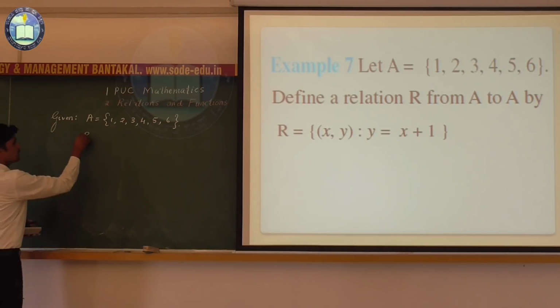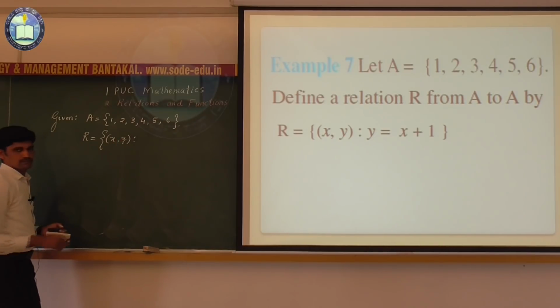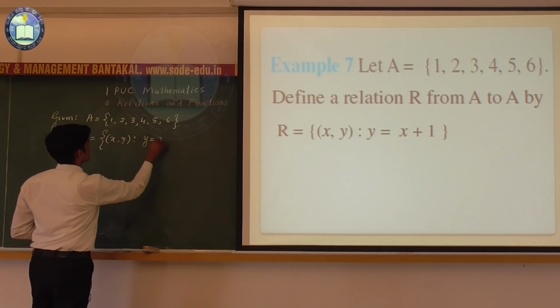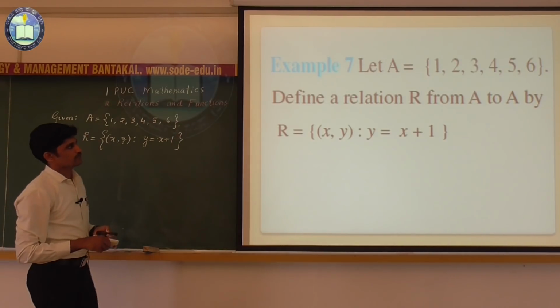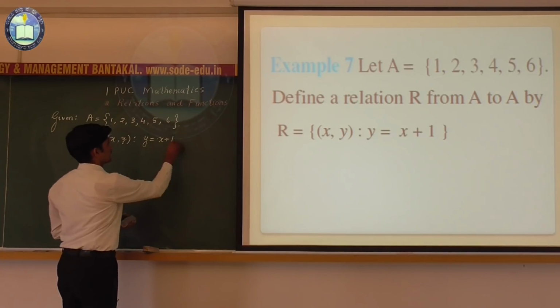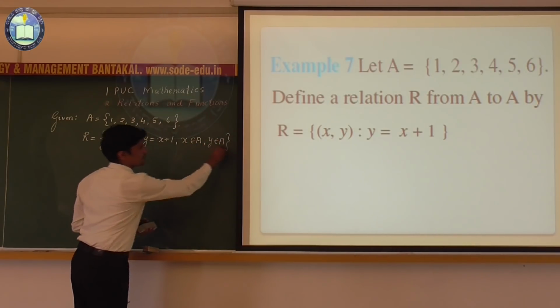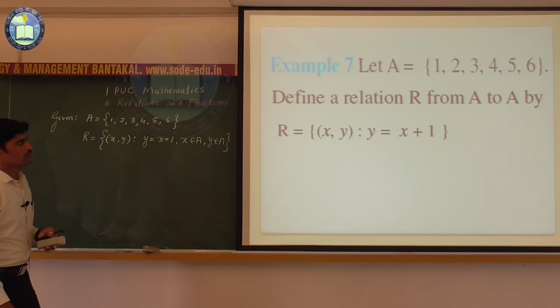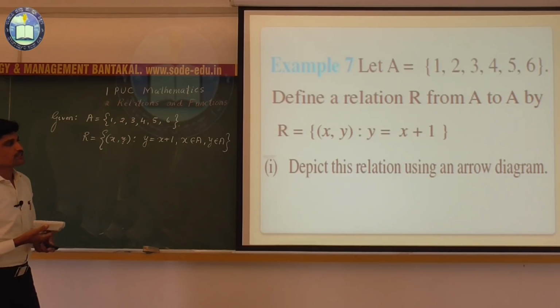And relation R is given by, it is a set containing the elements x, y such that y is equal to x plus 1, where x, y both belongs to set A. Relation R is from A to A. That means here we can observe that x belongs to set A, y also belongs to set A. Relation is from A to A. Now the question is, depict this relation using an arrow diagram. Using arrow diagram you have to represent this set.